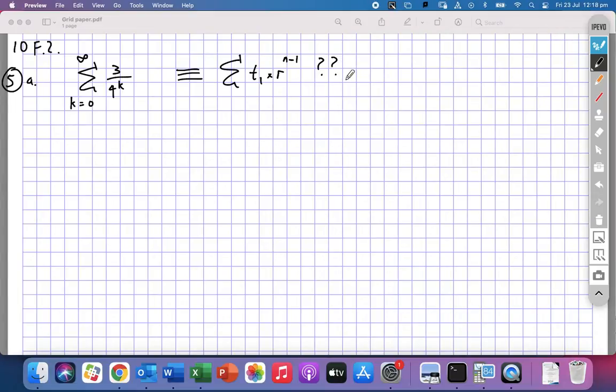Because if it is, and if the R value lies between -1 and 1, then I could use the infinite geometric series formula, T1 on 1 minus R. But it's not particularly clear that I've got T1 times R to the power of n minus 1 at the moment.